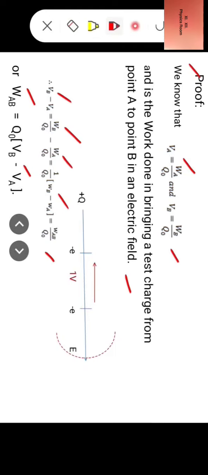So work done in bringing an electron from one point to the other through a potential difference of 1 volt is defined as electron volt.